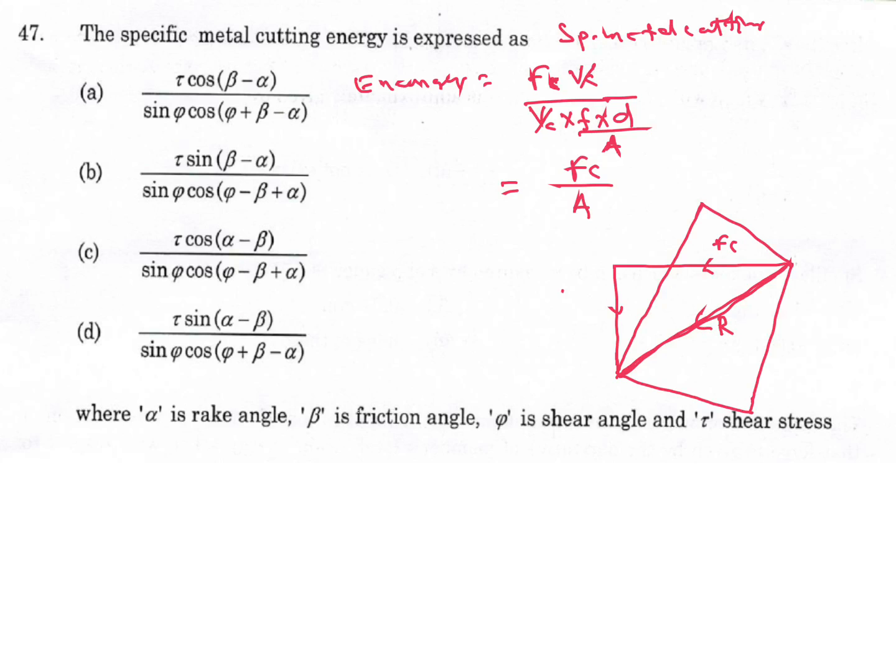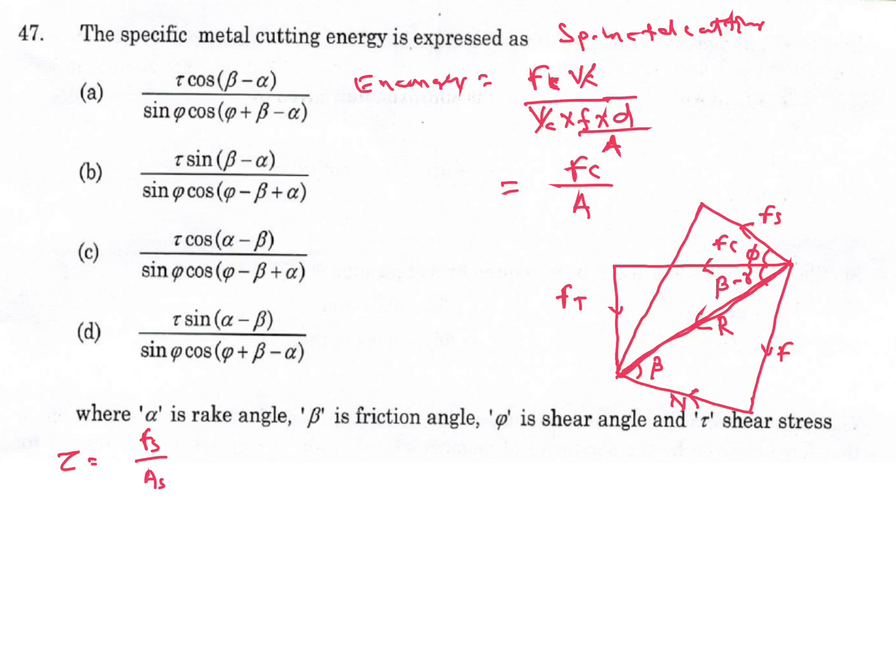FC is your cutting force, then here Fs, phi you will get, this is beta minus gamma, here you will get beta, here F, then your normal reaction N. Then we know shear stress tau equal to shear force Fs divided by shear force area.